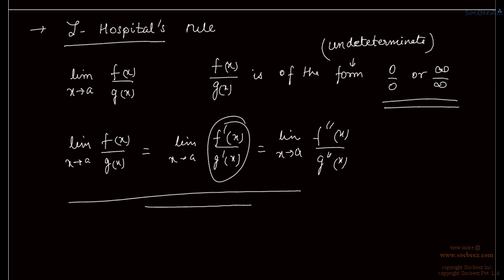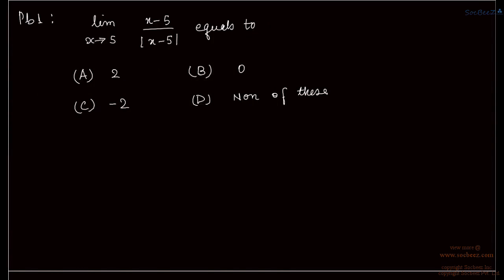Now we will be solving some problems. Okay. We have our first problem: limit x tends to 5 of x minus 5 upon absolute value of x minus 5, or mod of x minus 5, equals to.